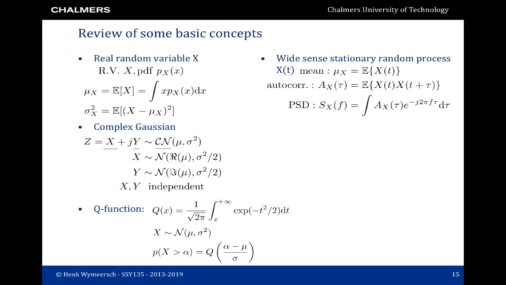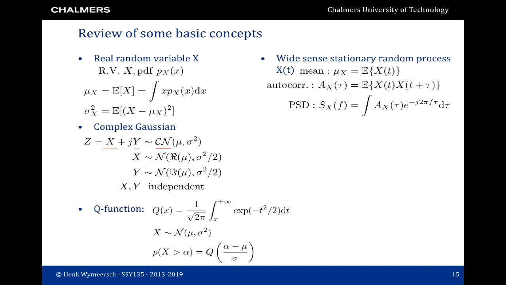The autocorrelation function of a random process is found by taking x of t multiplied by x of t a little bit later, so x of t plus tau, taking the expectation, and because the process is wide-sense stationary, this expectation does not depend on t and is then given by Ax of tau.